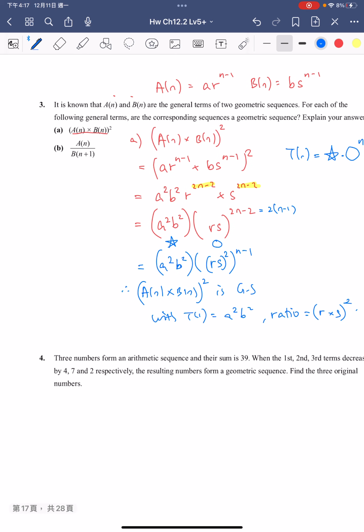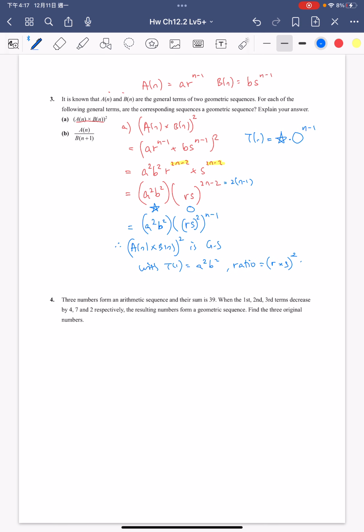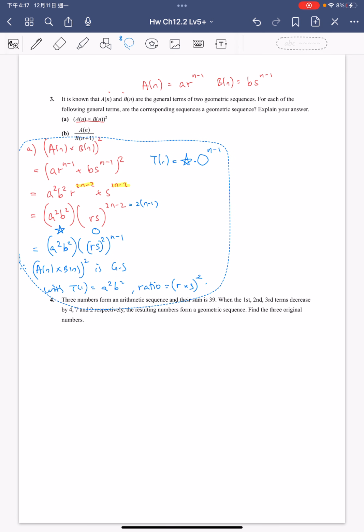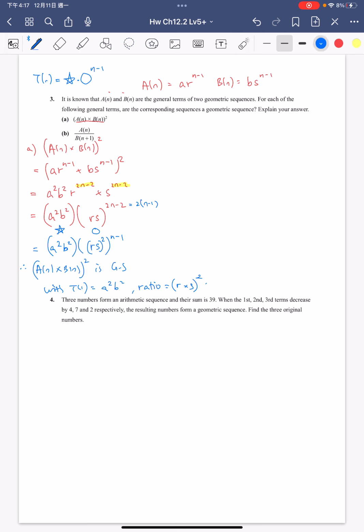Then to do part B, I should move this page a little bit, maybe this part. Okay, so now we can try to do our part B. For part B, we have a_n divided by b_(n+1).